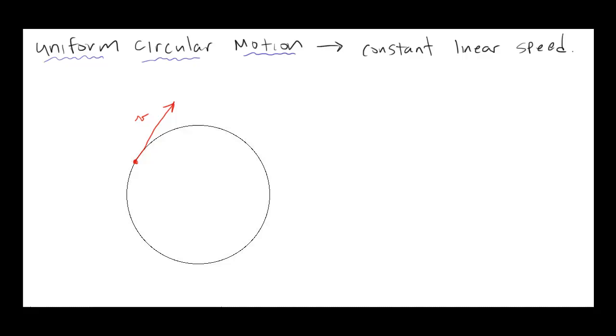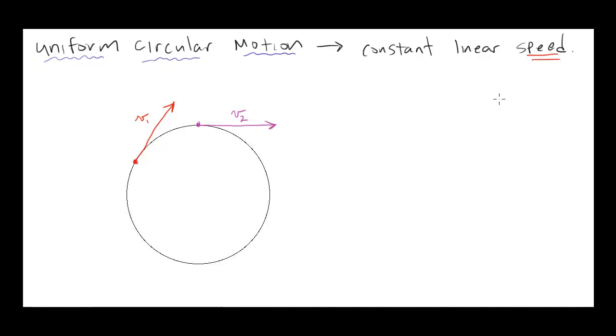And then we might have some later moment, like here, where the object has a linear velocity in this direction. I'm drawing this thing moving clockwise, right? So maybe I should call this V2, and I'll call this one V1. And so what has happened? Well, the speed hasn't changed.